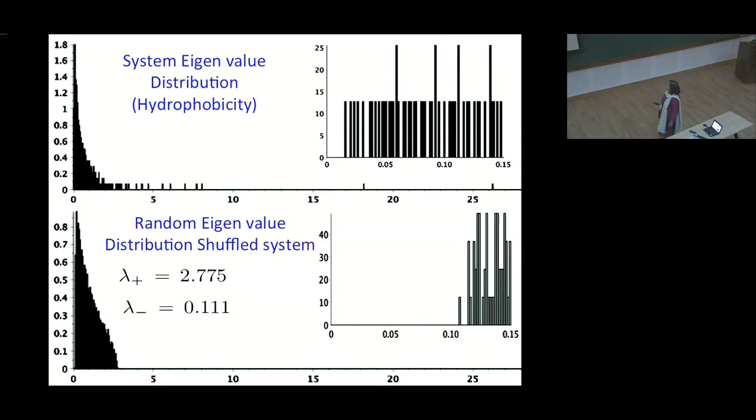What we do is actually look at the eigenvalues which are not bounded within the two endpoints of the Wishart ensemble or shuffled matrix, but those that are outside it. And those eigenvalues carry the most information.